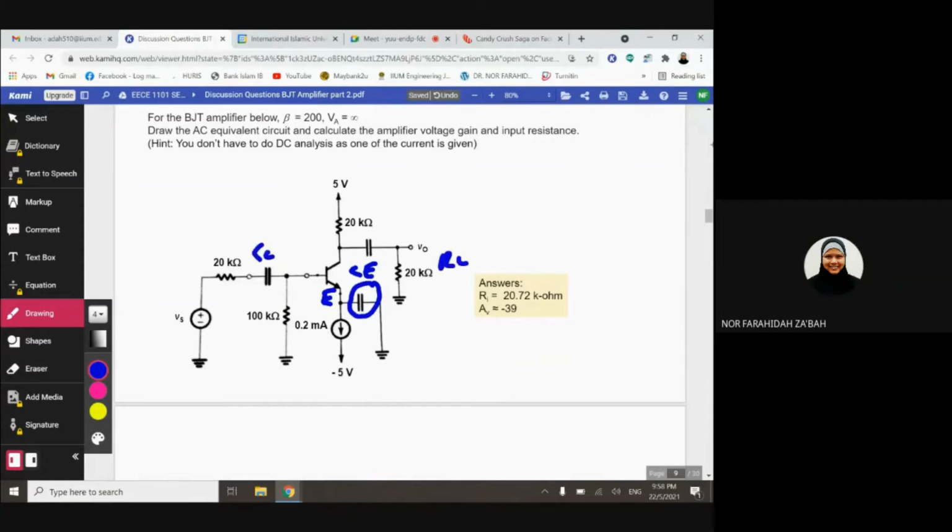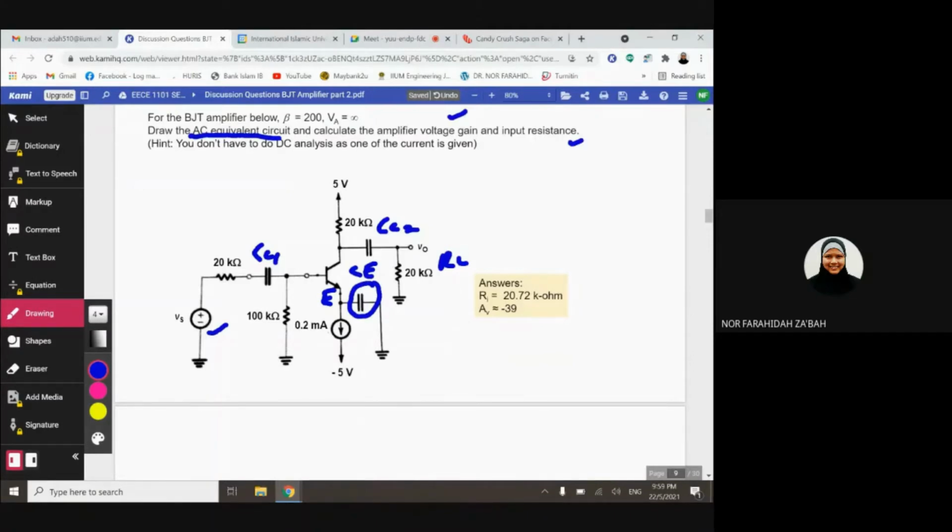Okay, and this is coupling capacitor 1 and coupling capacitor number 2. So your voltage amplifier block will connect with Vs and will connect with RL. That is the last stage of your calculation later. So this question asks you to draw the AC equivalent circuit, calculate the gain and the input resistance.